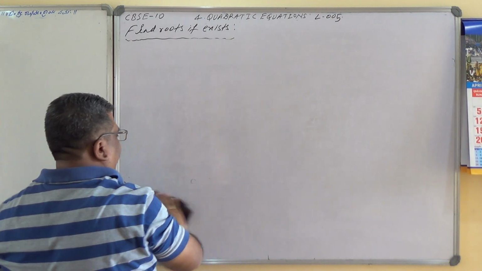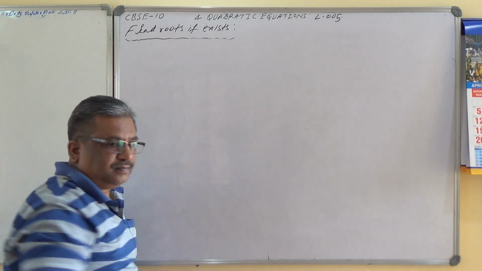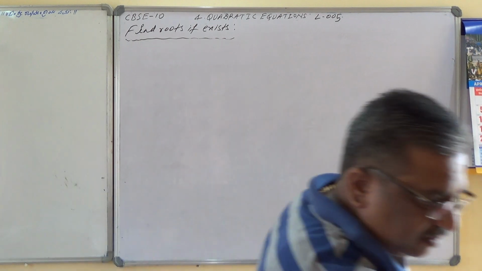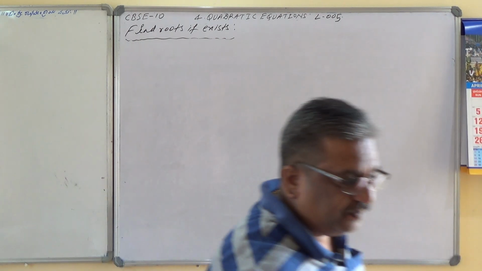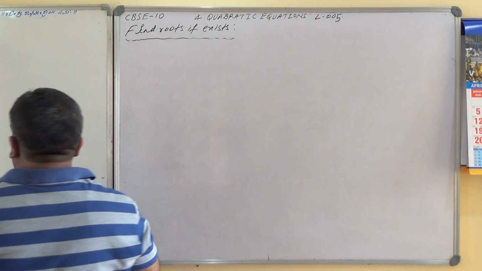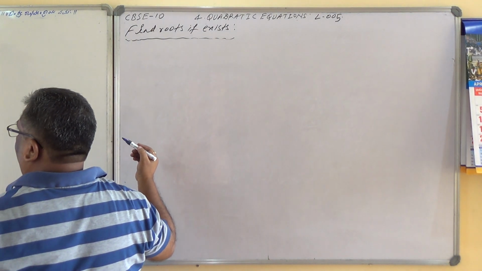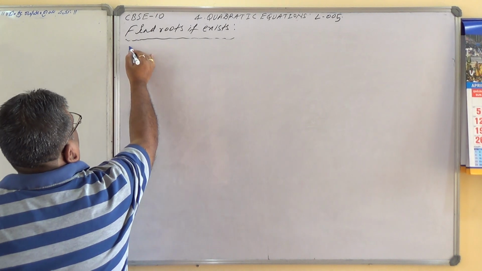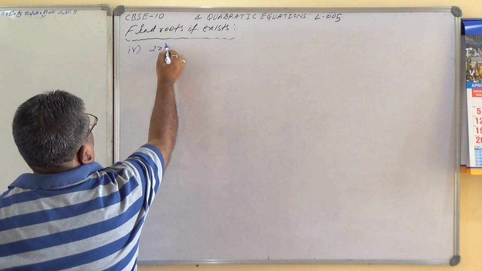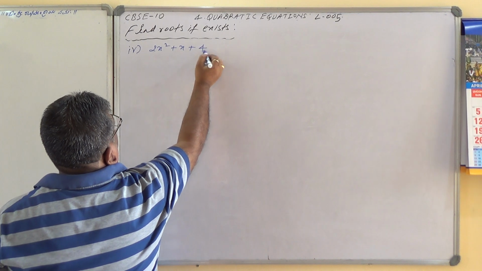Let me take one more problem now. Fourth one, 2x square plus x plus 4 equals 0.